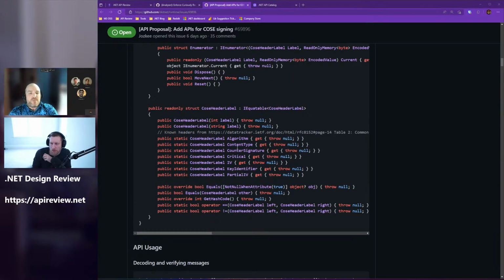Yeah, and I think the header label is literally just your general pattern of, it looks similar to how we would call a stringified enum, sort of. Except in your case, it's just int or string. Yeah, so basically it's a strongly typed string, which also has some special ints. In fact, all of the well-defined ones use ints, but the ints are mostly restricted to IANA registries.